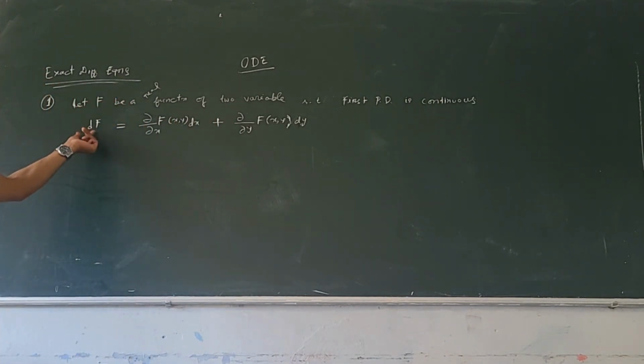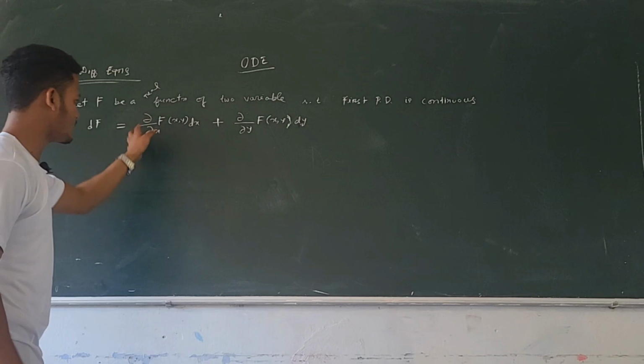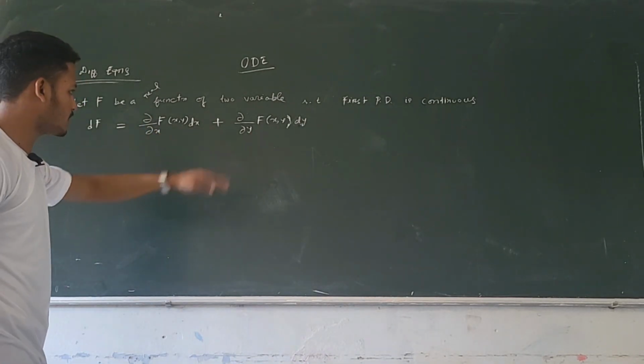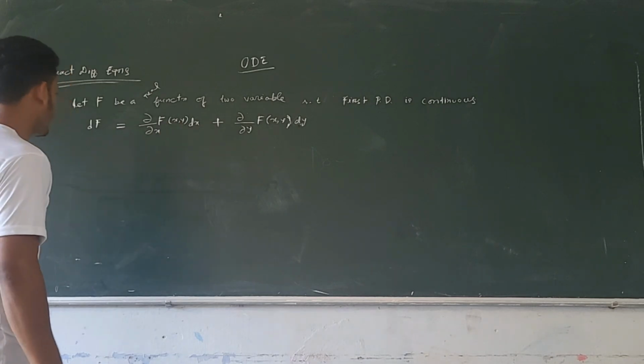So small df, the total derivative, is defined like this.